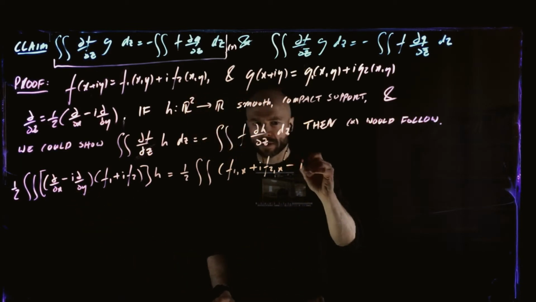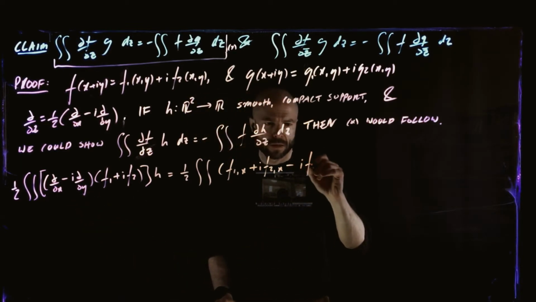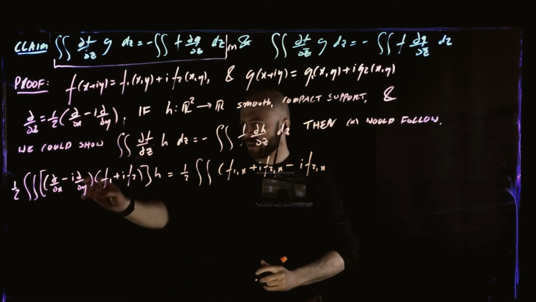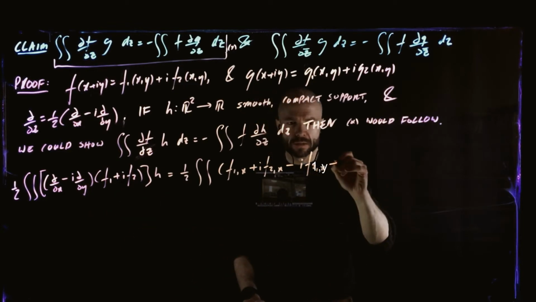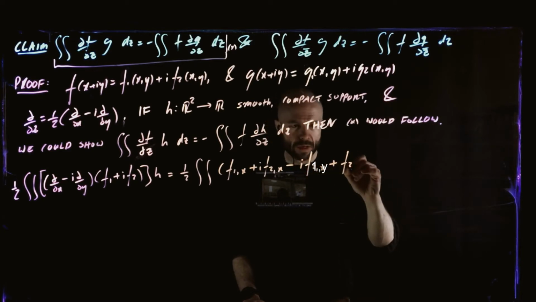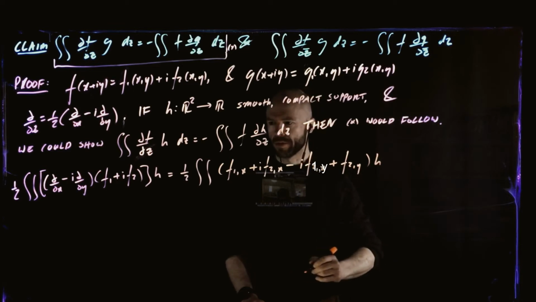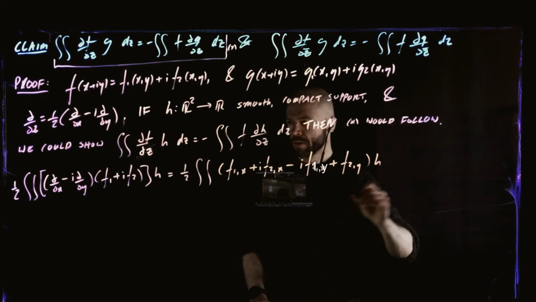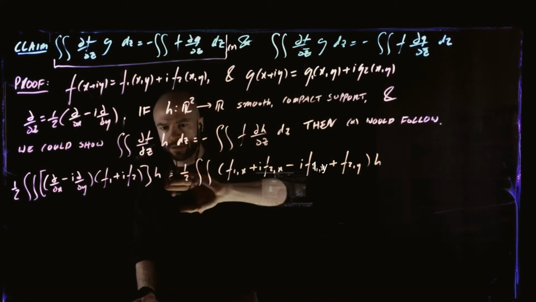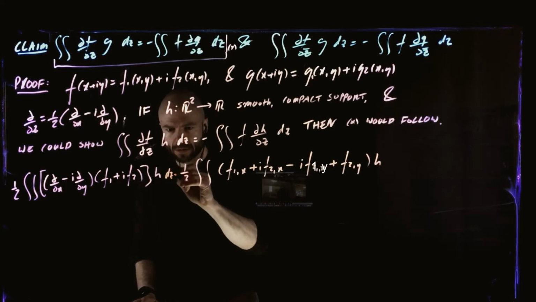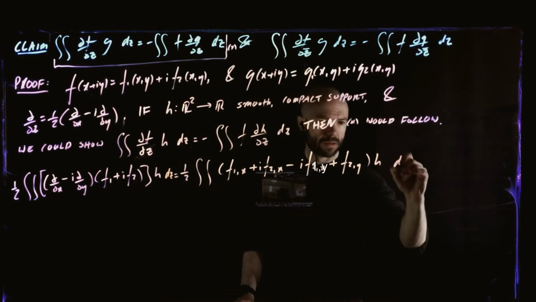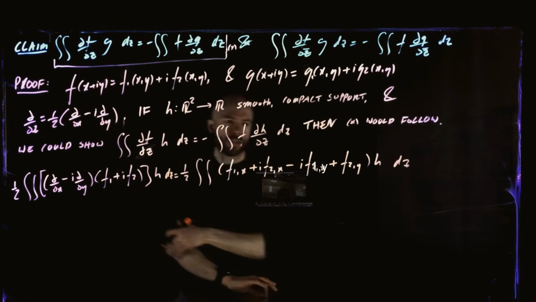We're going to have a minus i f2 comma x, and then we're going to have a plus f2 comma y, like this, times h. Yeah? I'm missing out the integration dz, but whatever. Yeah?